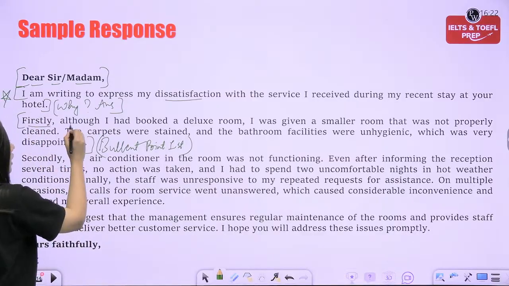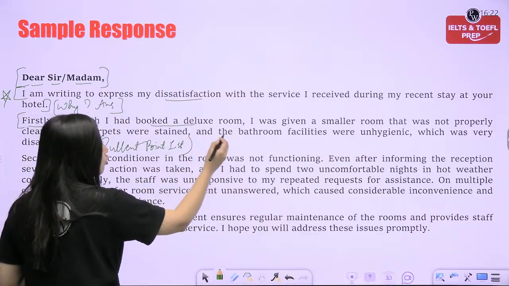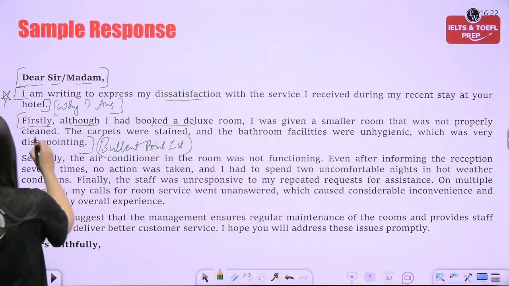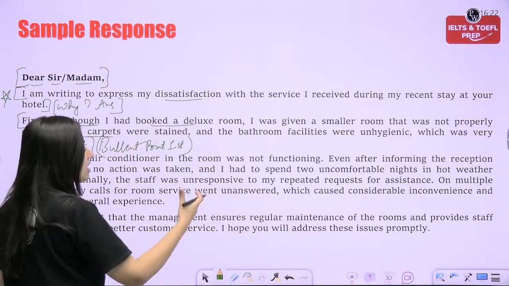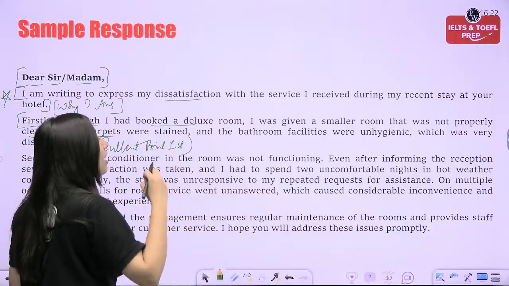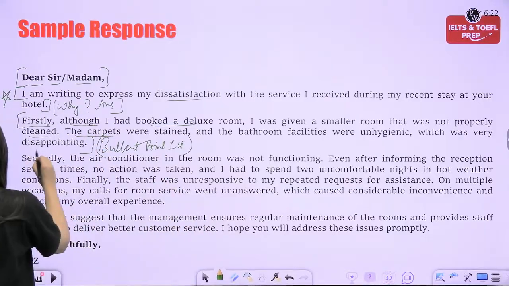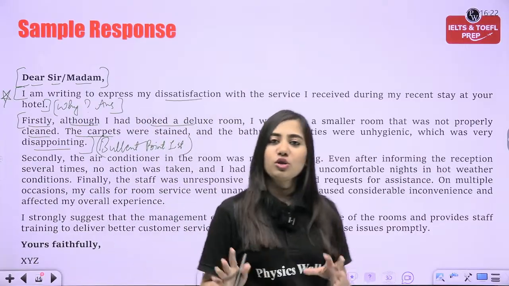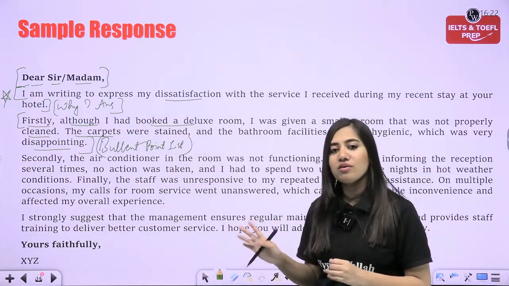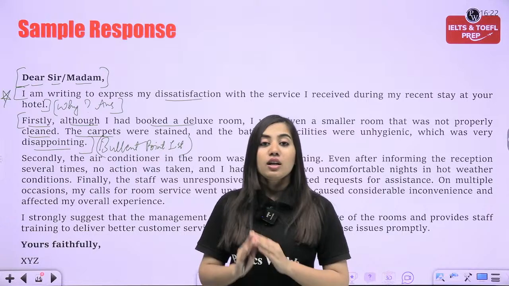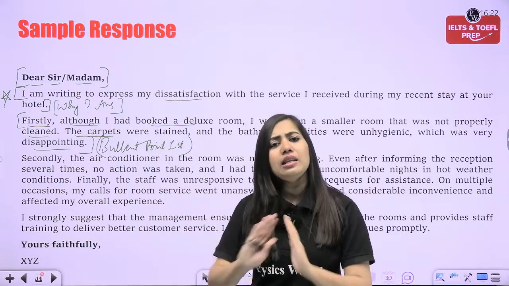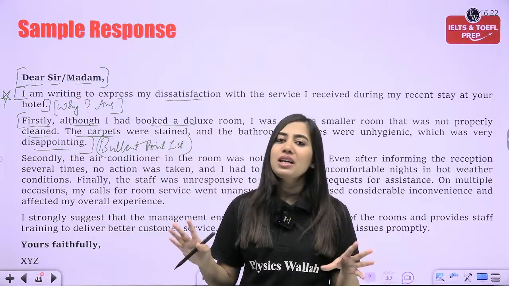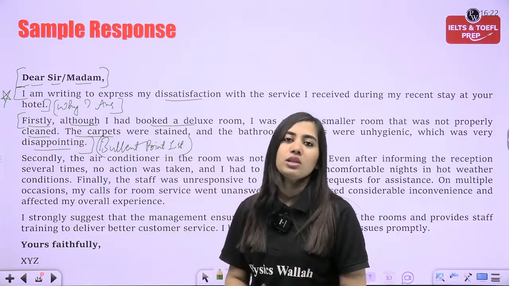Firstly, although I had booked a deluxe room, I was given a smaller room, which was not properly cleaned. The carpets were stained and the bathroom facilities were unhygienic, which was very disappointing. This is the reason for your dissatisfaction. Here you could write anything. When I show you the sample response, I do not mean that these are the only things which have to be there.